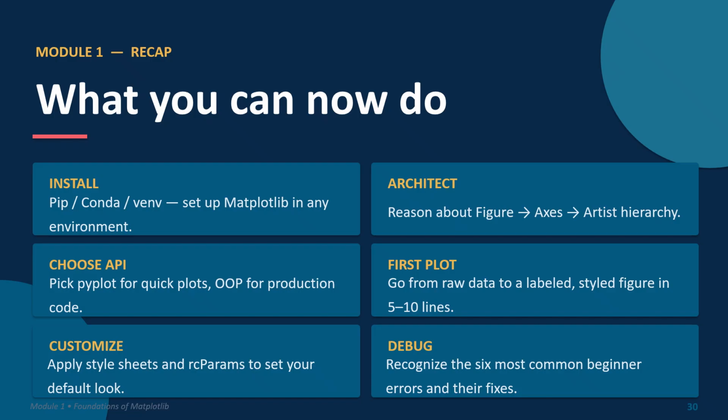Then we have seen the different programming styles, the pyplot style and the object-oriented style, and converting raw data to a labeled plot. So that's the first plot that we have made, and you can even apply your style sheets. You can set global parameters like rcParams and use f-strings to format or customize your figure. You can debug the errors that you get, and you can fix them.